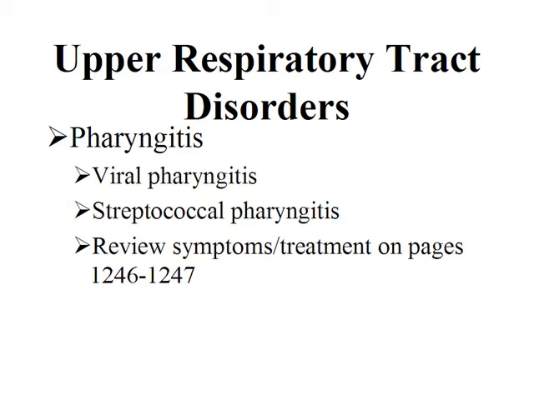Certainly one thing to keep in mind with a viral infection, antibiotics will be of little value in treating that, so we really have to go at symptomatic management. What might some of those symptoms be? Well, probably a low-grade fever, maybe some malaise, a sore throat. So we think of analgesics, gargling with salt water, those types of things as that symptomatic care.